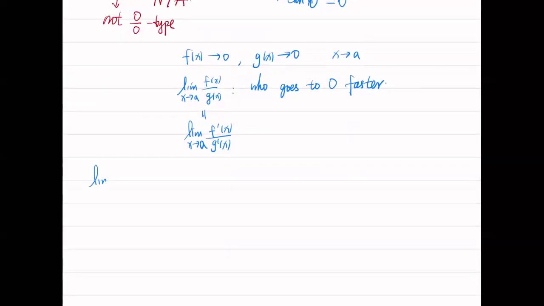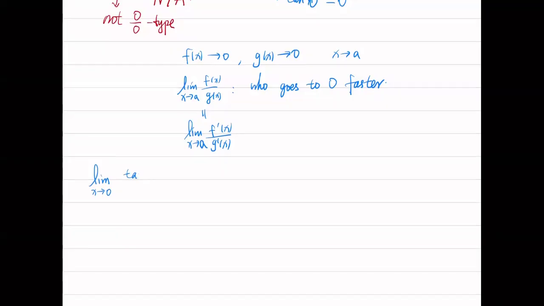Limit x goes to 0 of tangent x over x. Okay, let's try to find this limit.